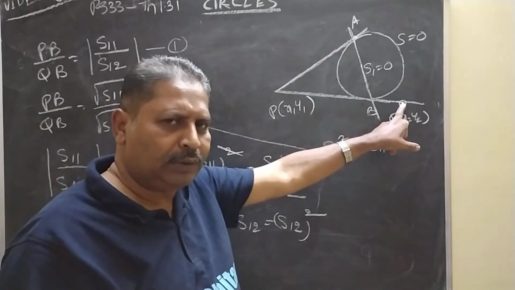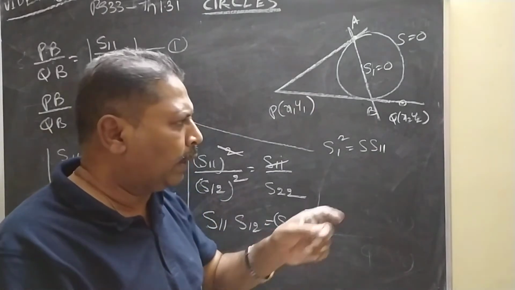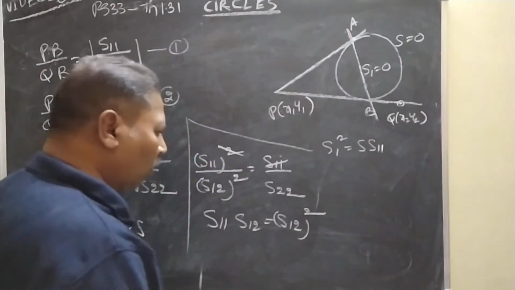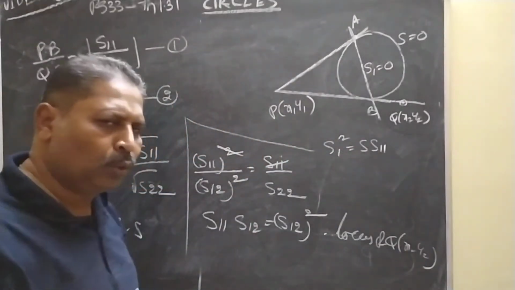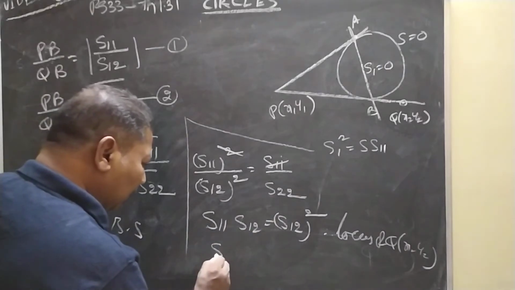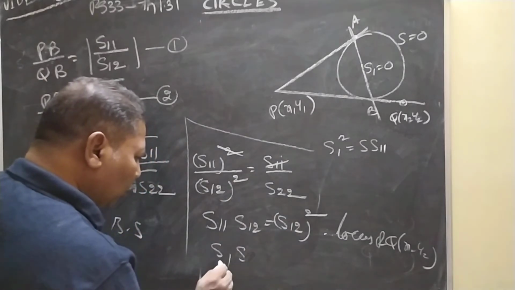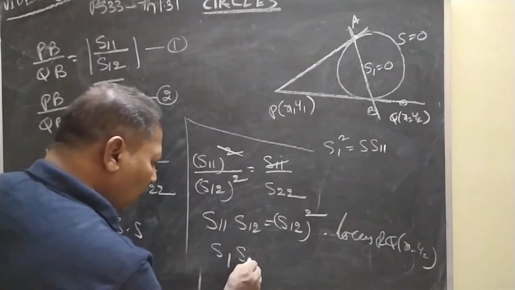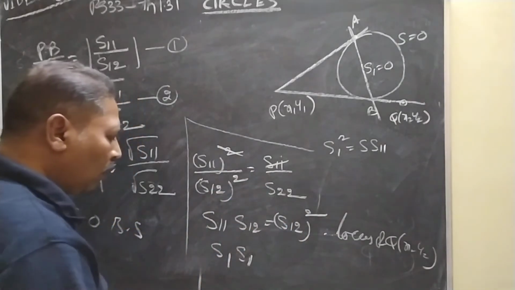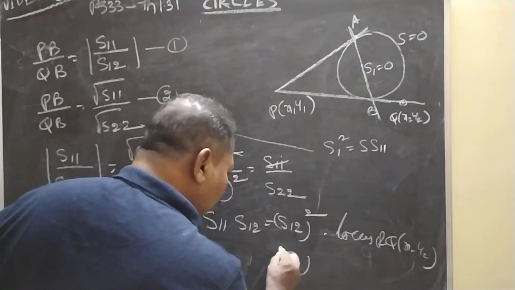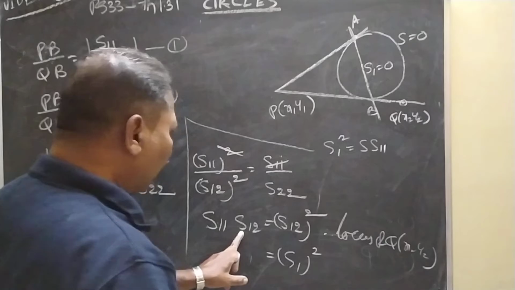Q is any point on the pair of lines. So take the locus of Q(x2, y2). Therefore, this becomes S1 square equals S into S11.